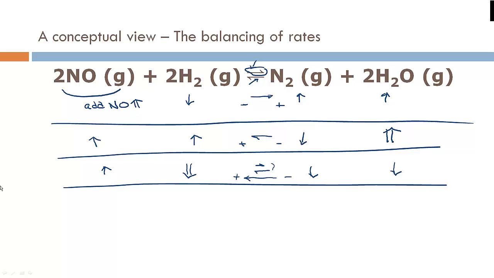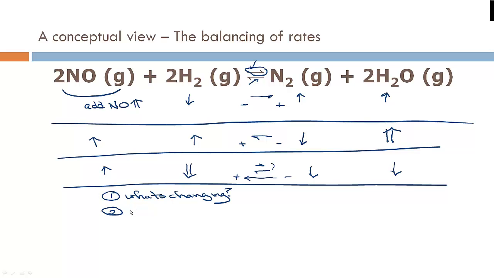Okay? So in general, the way you work these problems out when you're talking about the change of a single component is, the first thing you do is figure out what's changing. Second thing you do is, based on the change and how that affects the forward and the reverse rates, you think to yourself, okay, which direction does the reaction have to go to get back to equilibrium?